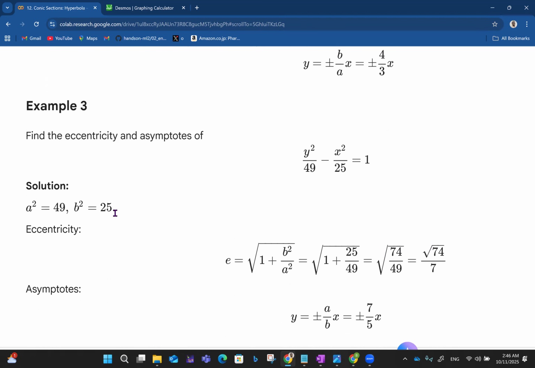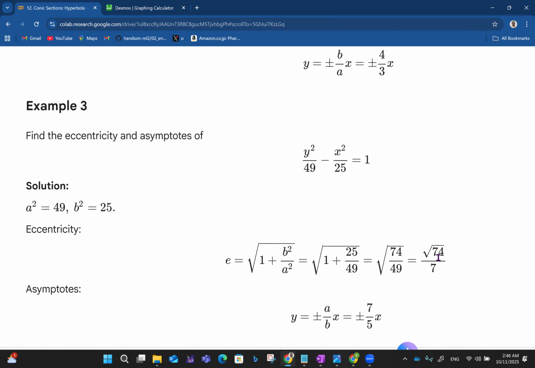The eccentricity is square root of 1 plus b squared over a squared. That's square root of 1 plus 25 over 49, that's square root of 74 over 49, which is square root of 74 over 7. That is the eccentricity. And the asymptotes are simply y equals plus or minus a over b x, not b over a anymore, because we are doing it about the y-axis. So that's plus or minus 7 over 5x.